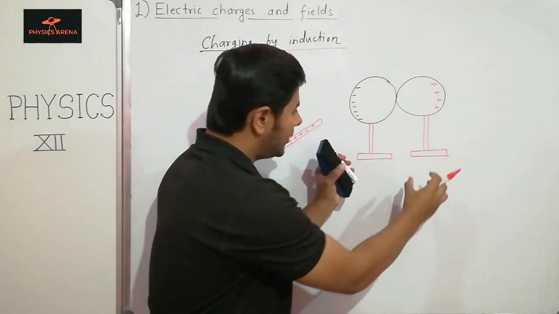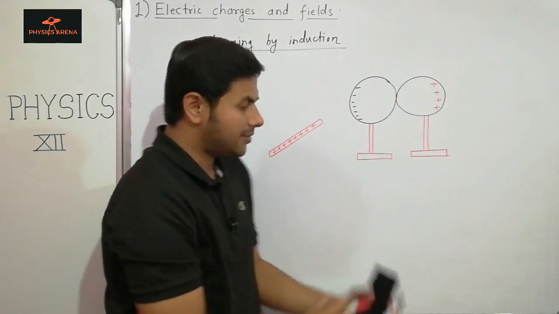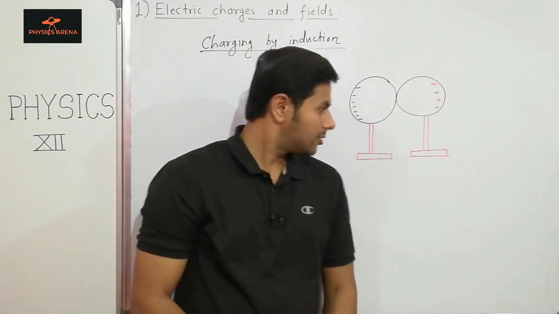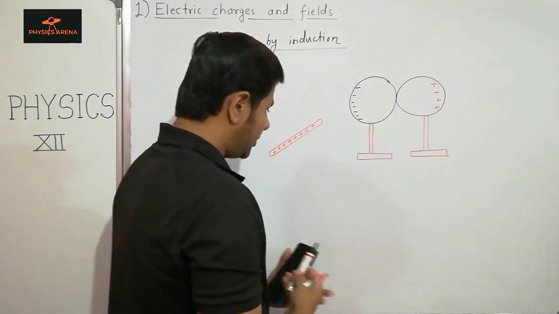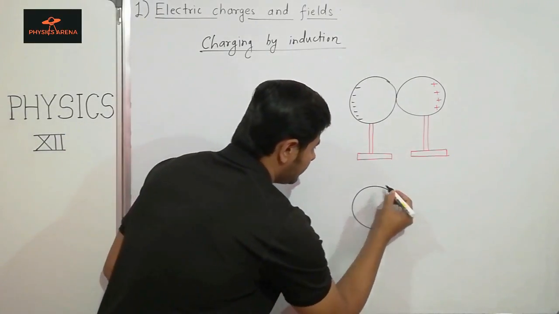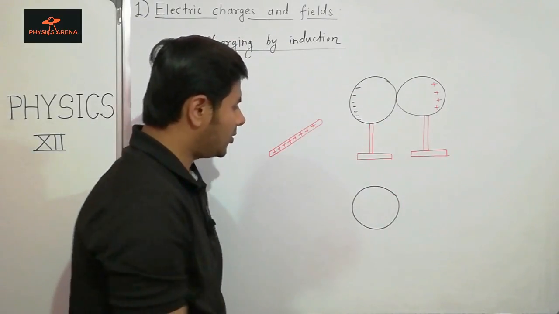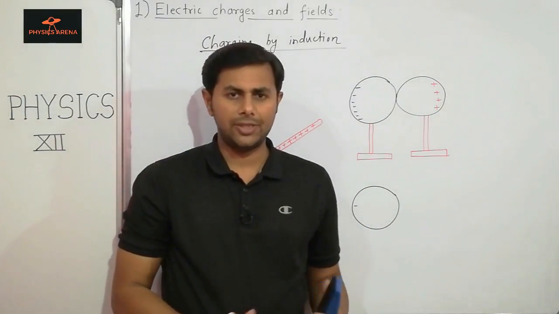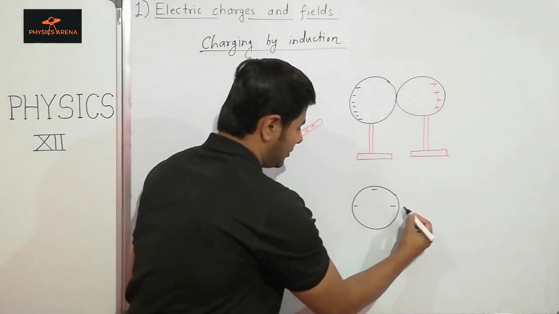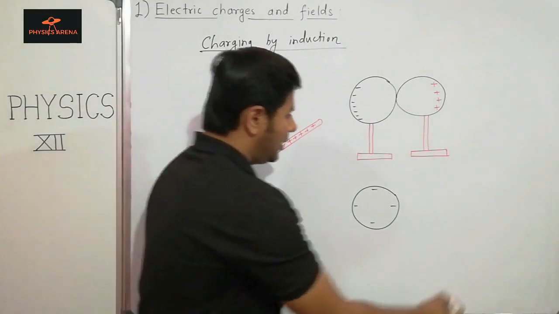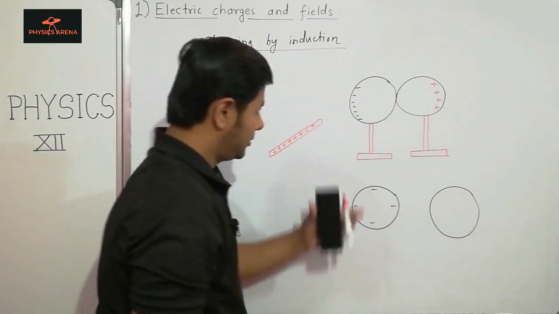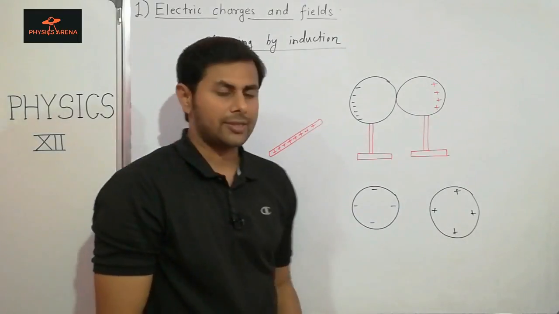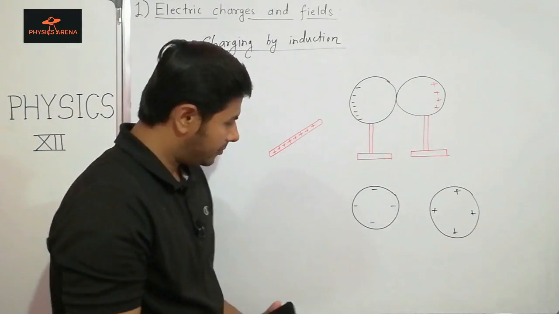Now we hold these stands and carefully separate those two balls from each other slowly. Then what will happen is that this metal ball will have these electrons only, and there will be redistribution of electrons like this, and this metal ball has a lack of electrons, so positive charge is developed on that metal ball.